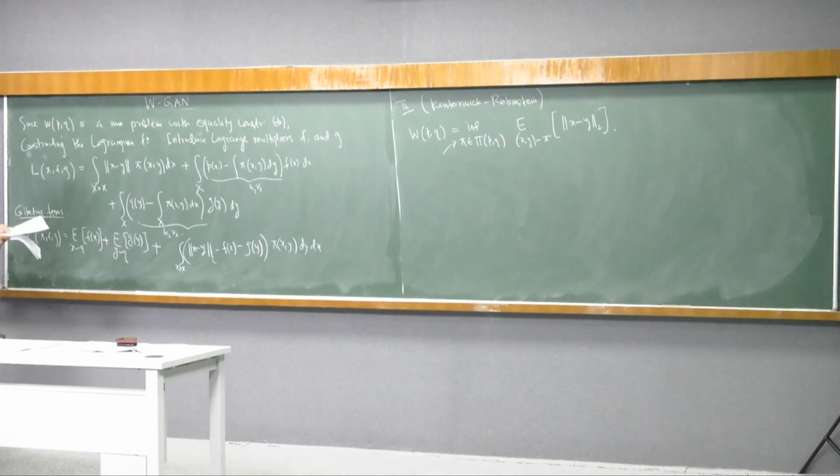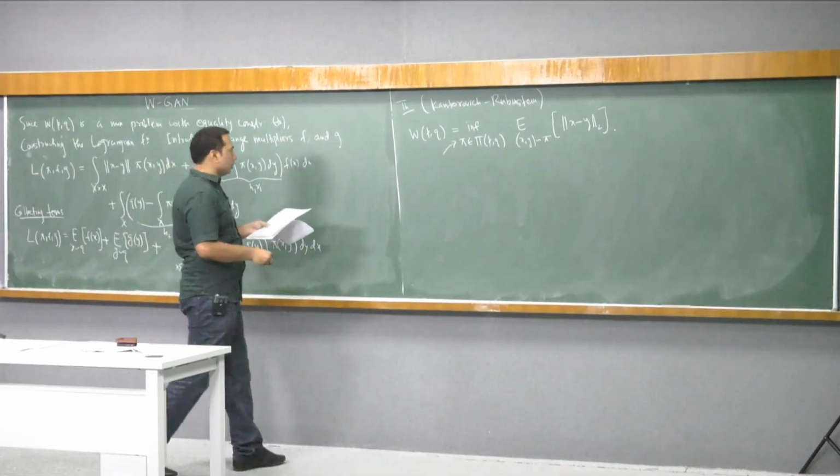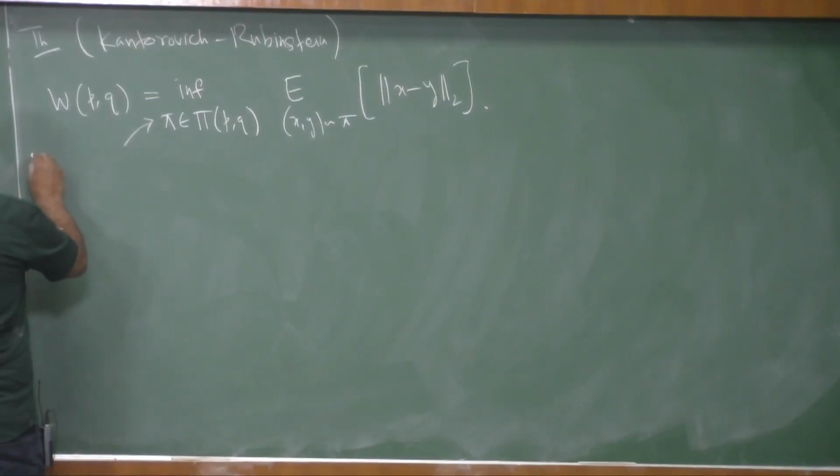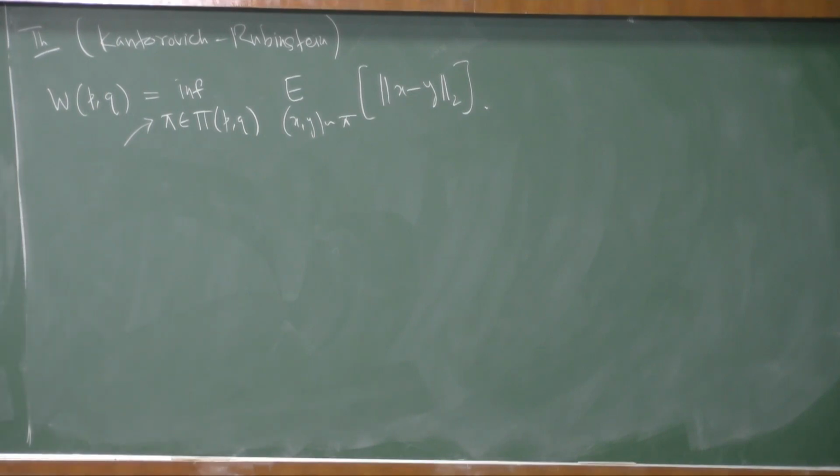So, using strong duality, one of the things is that we are assuming that strong duality holds. There are certain conditions under which strong duality holds, and whether that exactly gets satisfied here I am not even checking, not even the literature is checking all this.